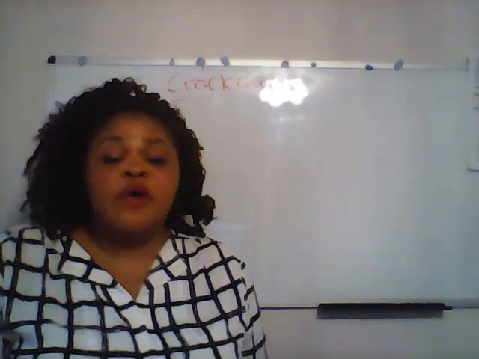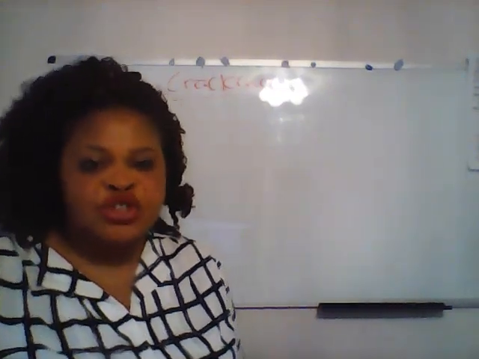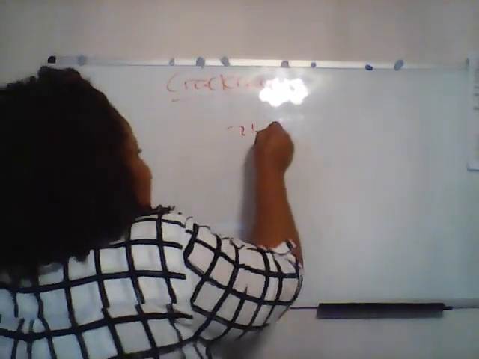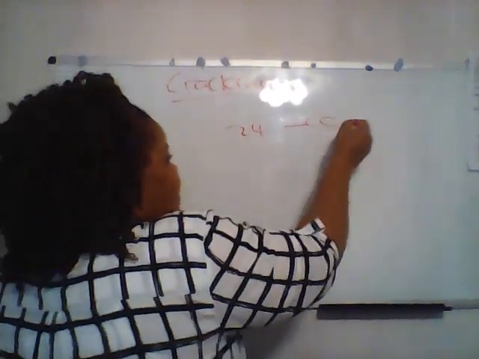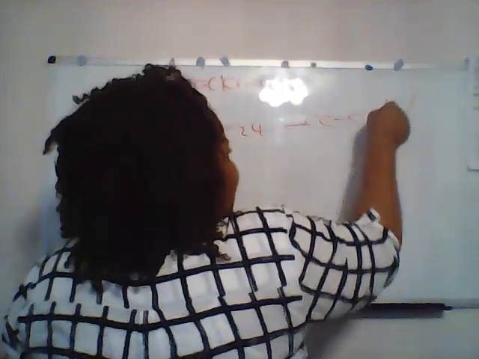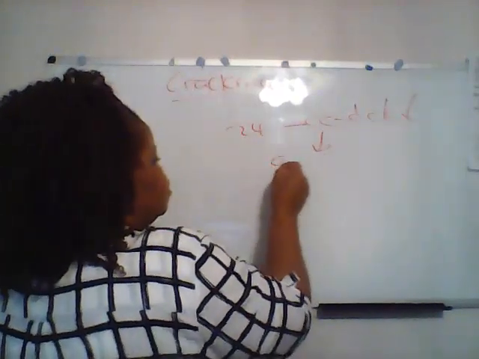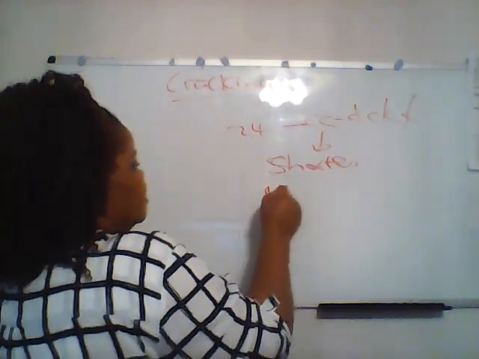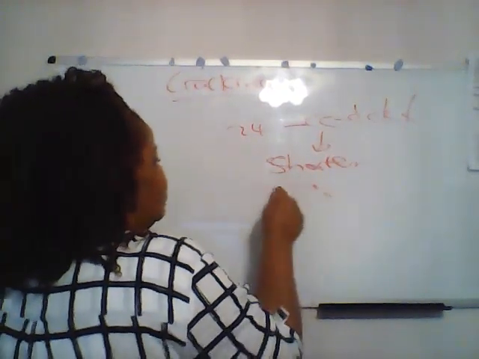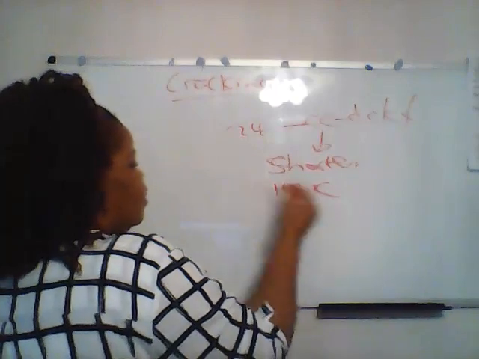So what scientists have come up with is to break up those long chains. If you have a 24-carbon chain hydrocarbon that you don't need, you can use cracking to break it up to give you the shorter chains. So let's say you need a 14-carbon hydrocarbon, your petrol or things like that.